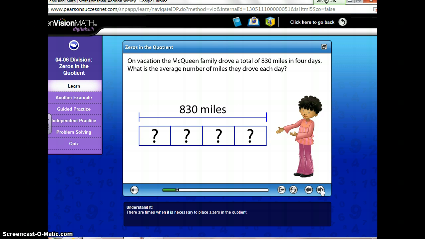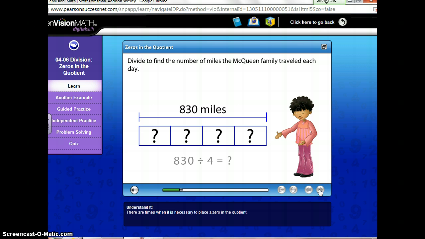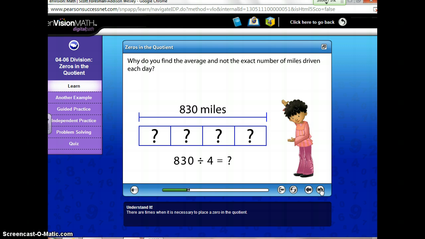So this family, the McQueen family, they went on vacation and they drove 830 miles in 4 days. So about how many miles did they drive each day? Well, we're going to have to divide to find that out, right? Now, before we do that, we can actually try to use compatible numbers so that we can see about what our answer should be.